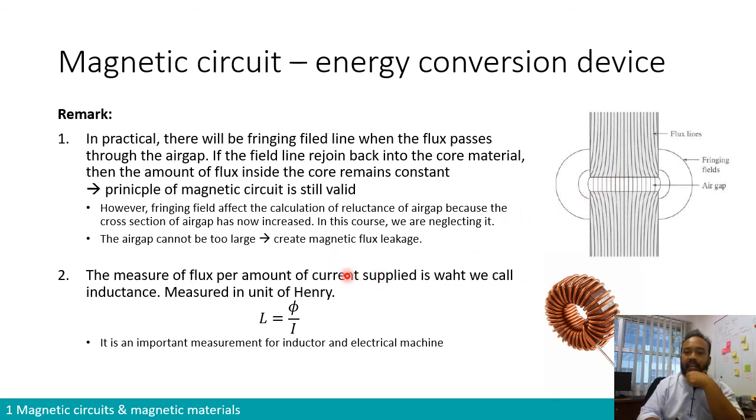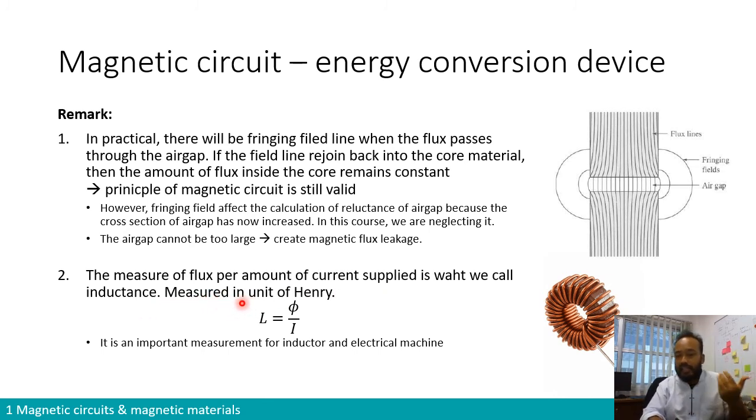Okay. And then the second thing, this is another term that we can introduce. The measure of flux per amount of current supplied. So we know MMF is N multiplied by I, and that I will create a certain flux inside the core and inside the air gap. The measure of flux per amount of current supplied is what we call inductance. You may have heard of inductance.